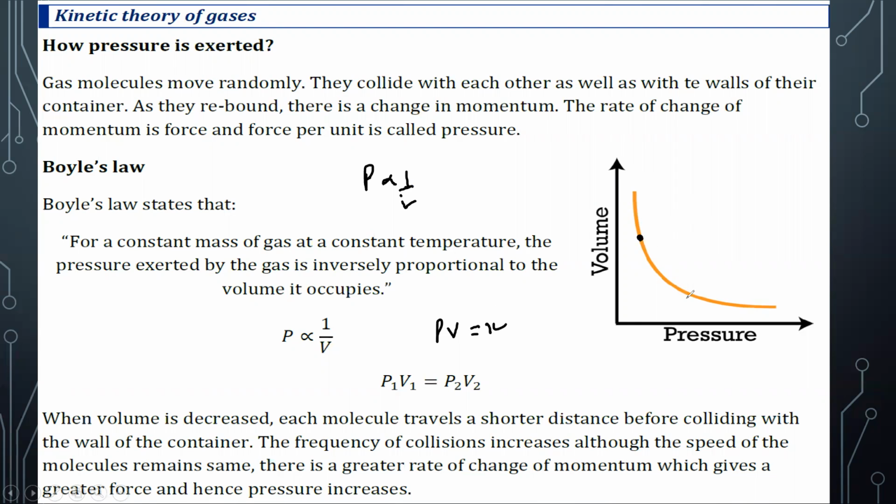Whenever we take any two points, this volume is V1, the pressure at this point is P1. This volume is V2, the pressure at this point is P2. When we take the product of pressure and volume at point A, and the product of pressure and volume at point B, they will be the same. But the condition is that the number of molecules as well as the temperature should be constant. So P1 V1 equals P2 V2.